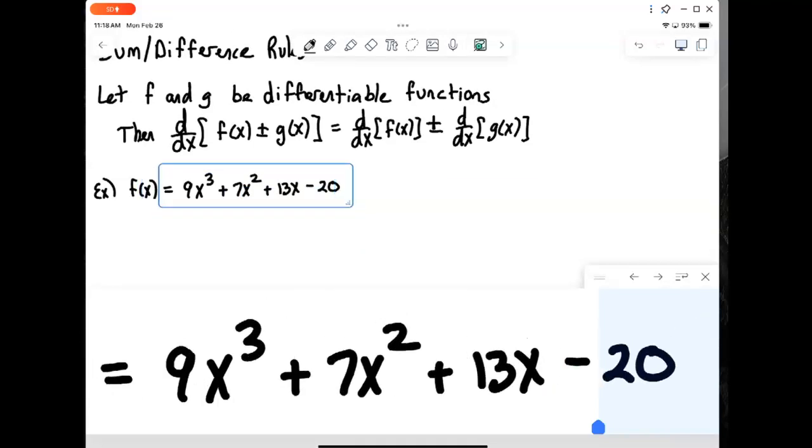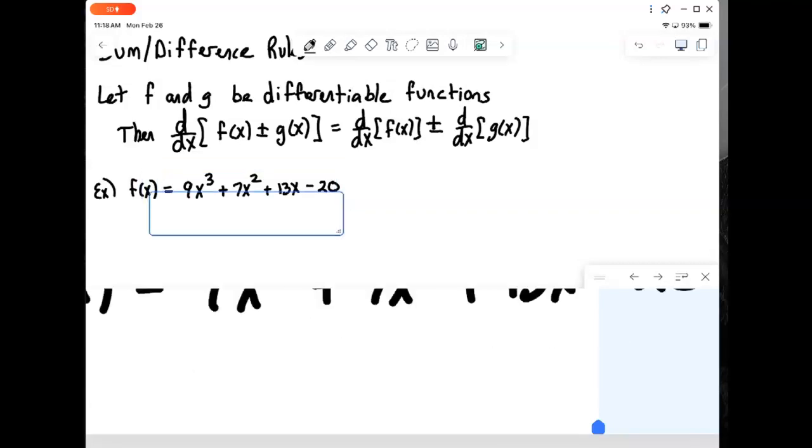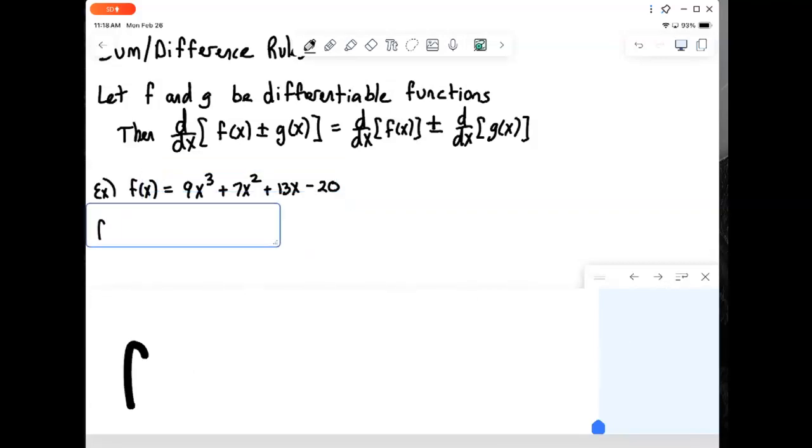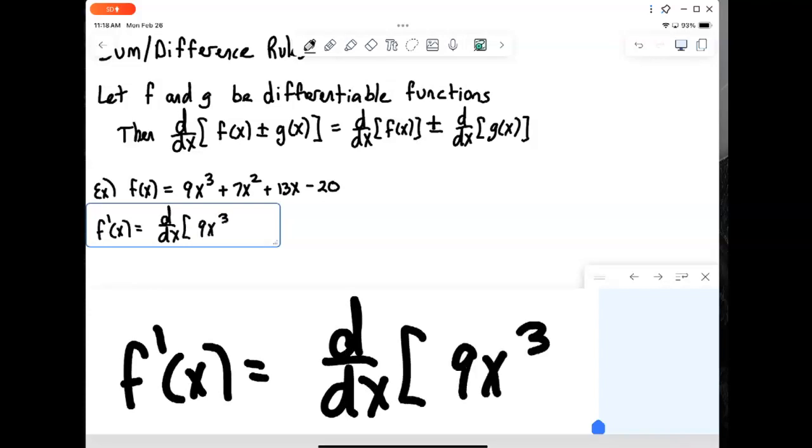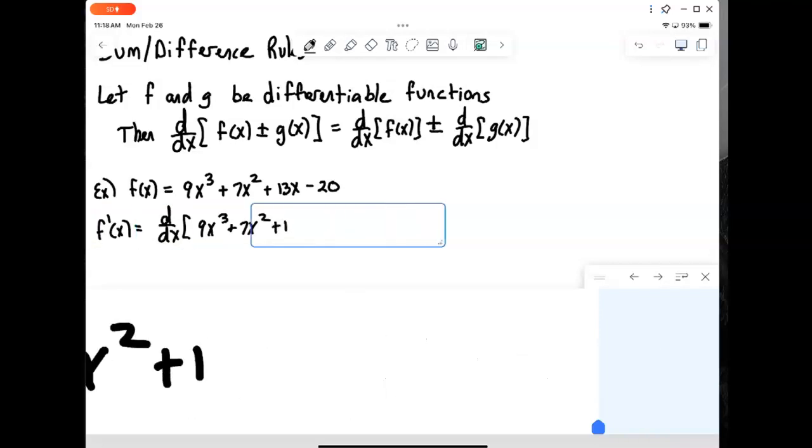Right? We had perhaps this function right here. Then to take the derivative of this, f prime would simply be the derivative of all that stuff, 9x cubed plus 7x squared plus 13x minus 20.